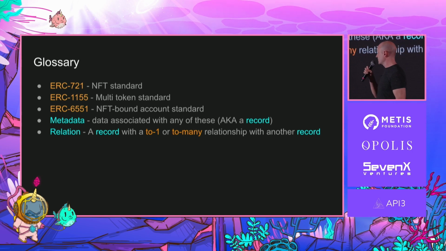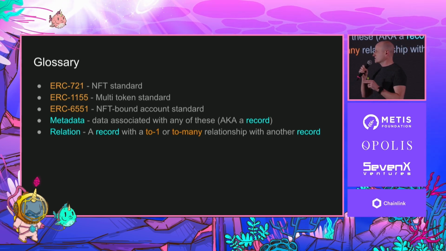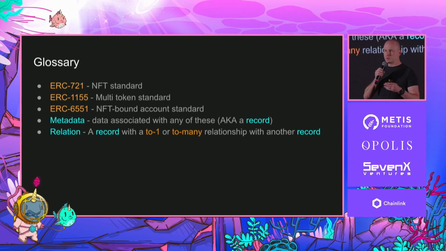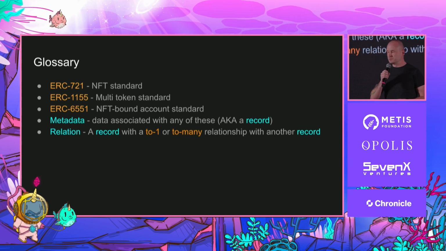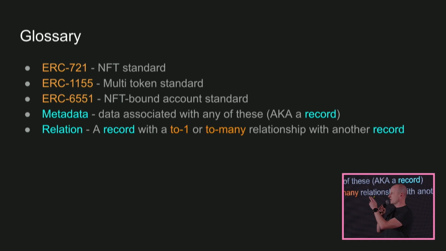It's a multi-token standard, and more on that in a minute. Another really interesting one, which I get asked about a lot, is ERC 6551. If you're not familiar with it, it's an NFT-bound account standard that I'll cover in a minute too.